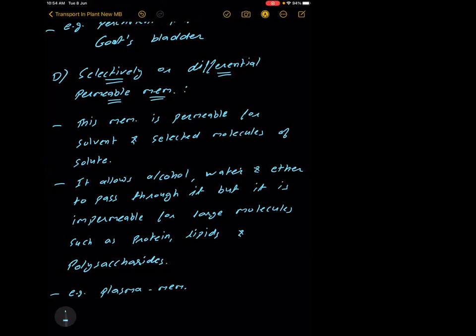Sir, can you scroll up the page? In the second point, it allows alcohol, water, and what is that word? Ether. These are solvents actually, organic solvents are also allowed. What does ether mean, sir? This is chemical, no? In organic chemistry you will see ether, CH3OCH3.